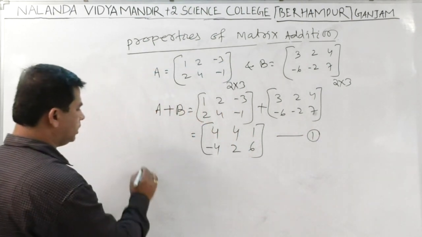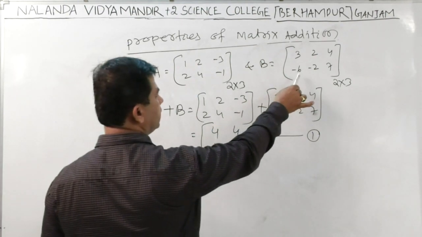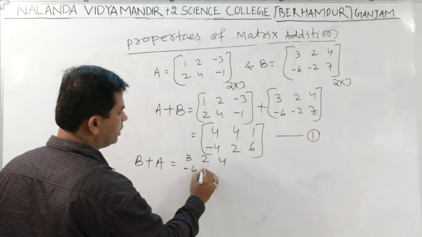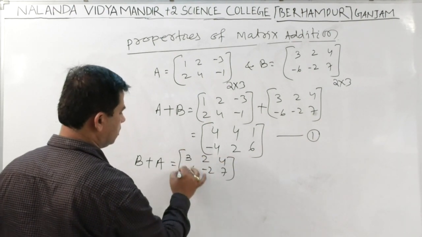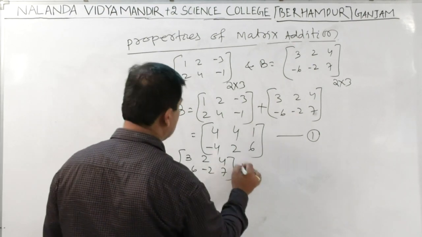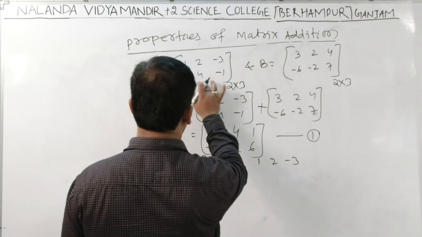Now we find B plus A. Matrix B is 3 2 4, minus 6 minus 2 7. This is our B matrix, and we add it with the matrix A, which is 1 2 minus 3, 2 4 minus 1.